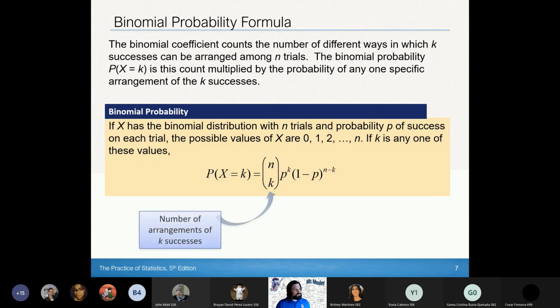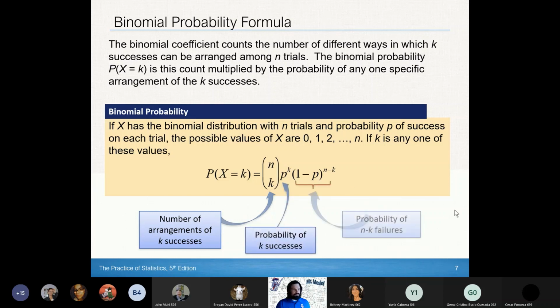Okay. And you see this, right? This tells us the number of arrangements of k successes. That's our n choose k. Probability of k successes, probability of n minus k failures. That's what these two exponents tell us.